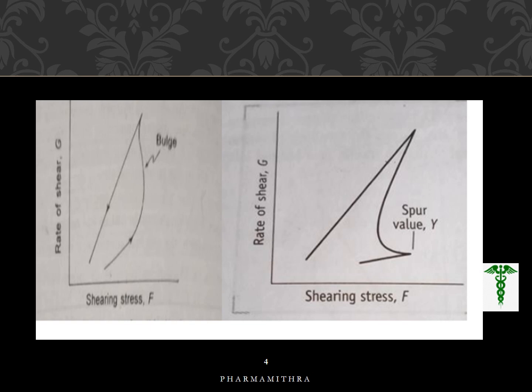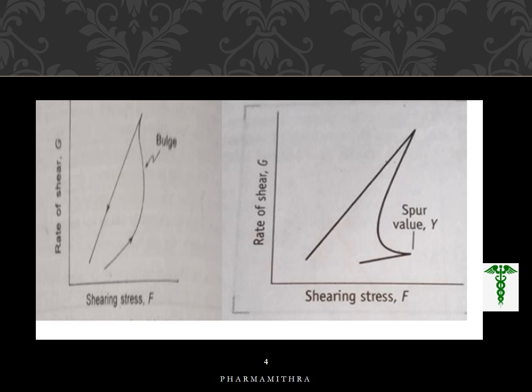If you keep the rate of shear like this, at the end, due to the bulging of the cards, it will show a bulge. You are supposed to draw the direction, so this is the direction of the bulge. At the same time, if it is a spur, the same thing, you are supposed to draw the rheogram, with F on the x-axis and rate of shear on the y-axis.